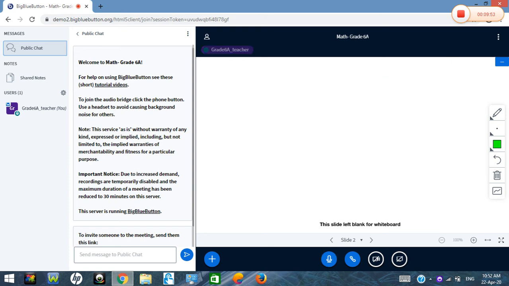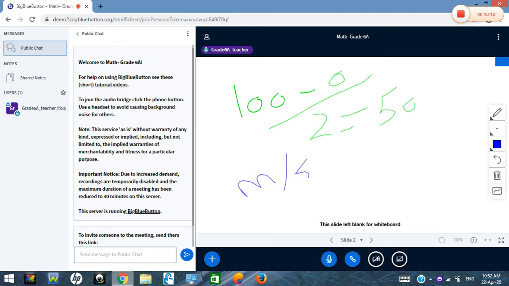Okay. 100 minus 0 over 2 equals 50, and the measuring unit of acceleration is meter per second power 2 or kilometer per hour power 2. Okay.